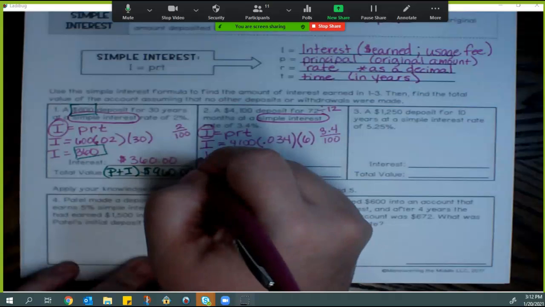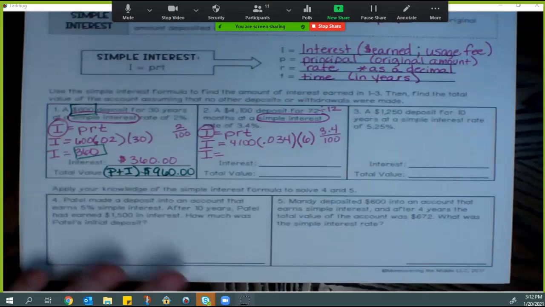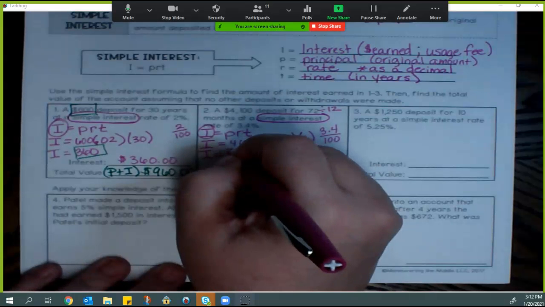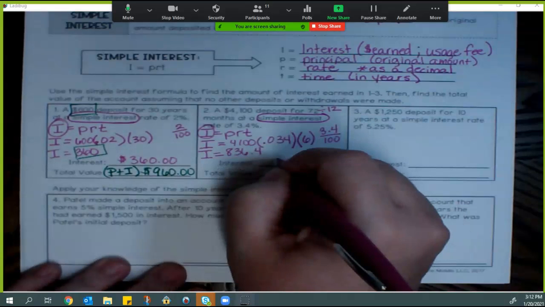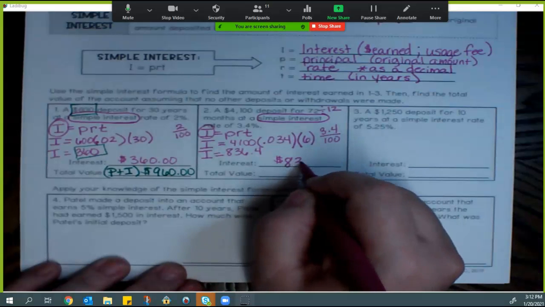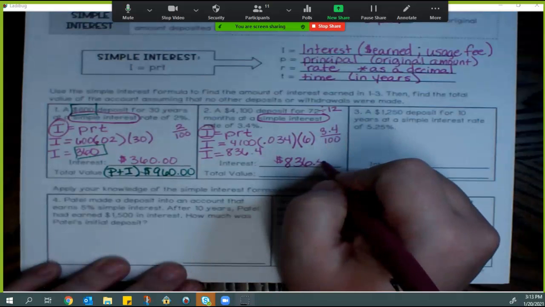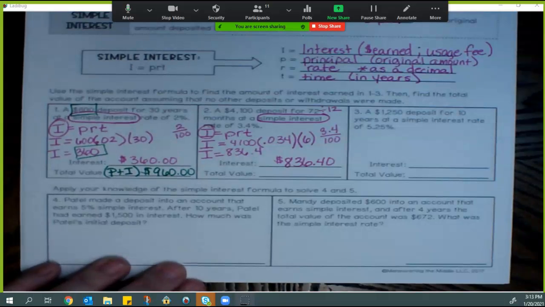Use your calculator now. Multiply it all together. 836.4. So in money terms, $836.40. Gotta have 2 decimal places, so we had to add a 0.